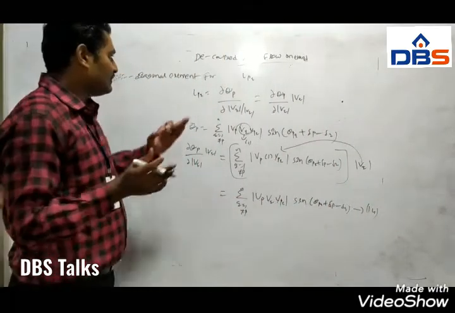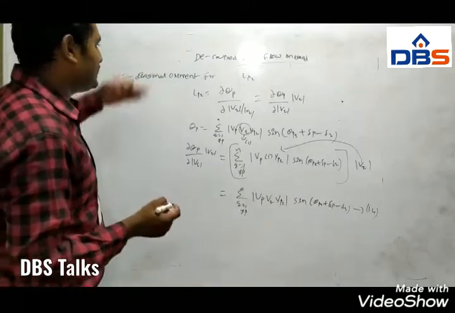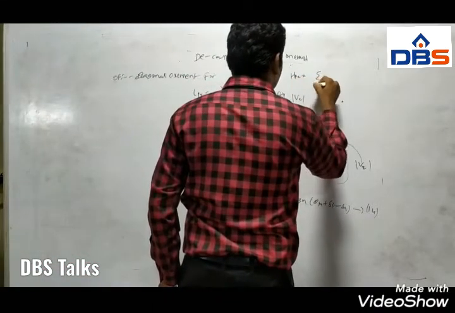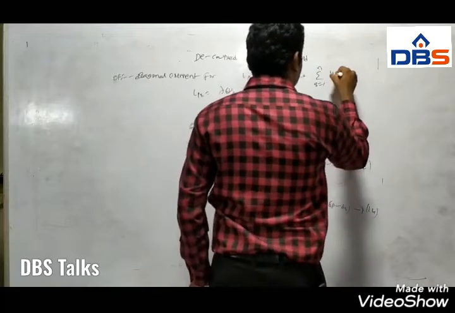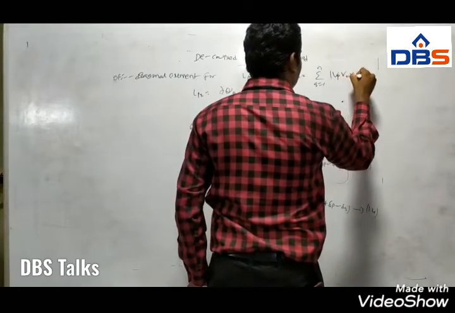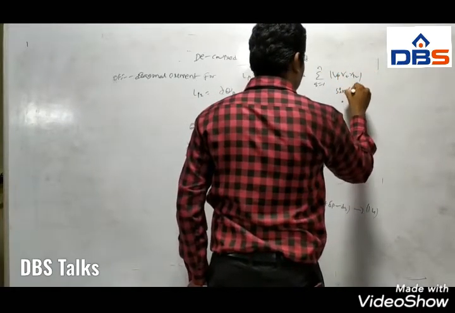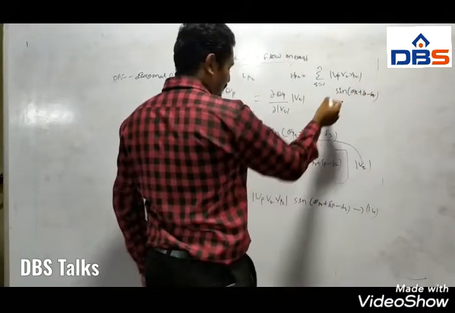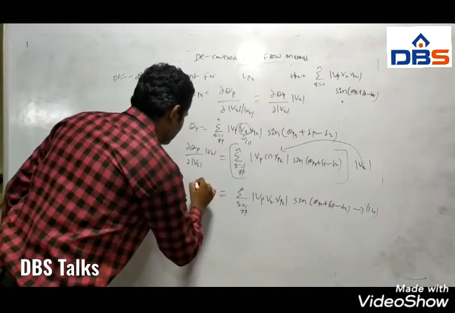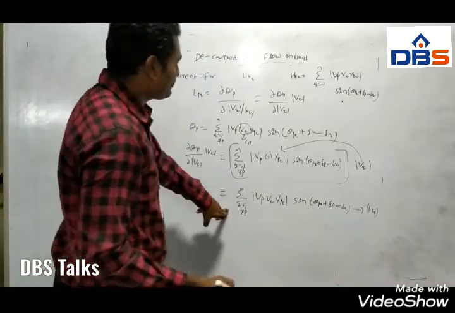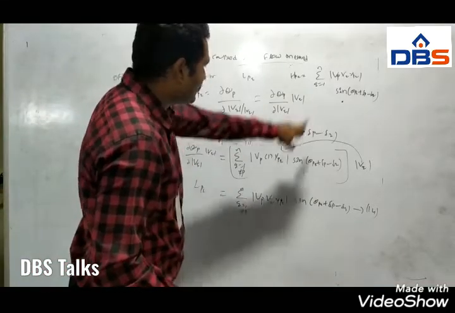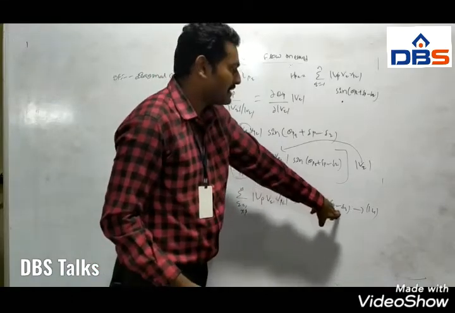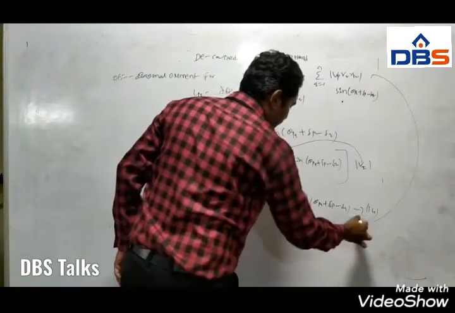If you observe the previous one, in HPQ also we have the same term. That is HPQ is equal to sigma q is equal to 1 to n, |Vp||Vq||Ypq| sine of theta pq plus delta p minus delta q. Here we have LPQ is equal to sigma q is equal to 1 to n, not equal to p, |Vp||Vq||Ypq| sine of theta pq plus delta p minus delta q. So these two terms are equal.